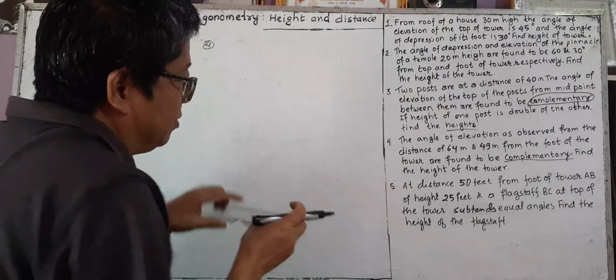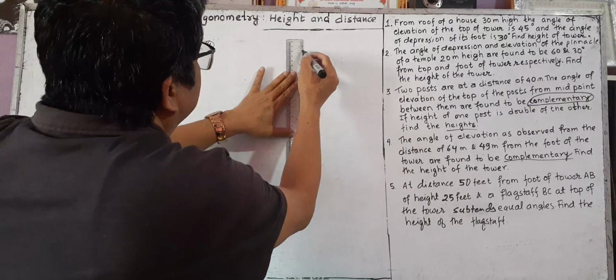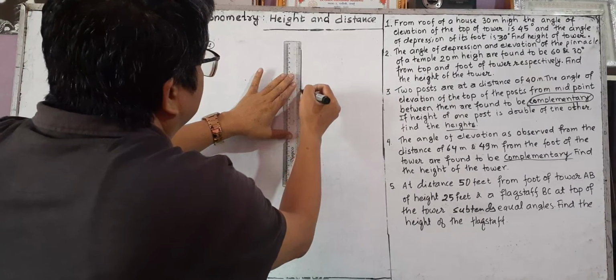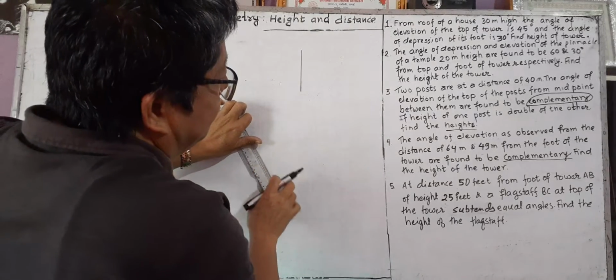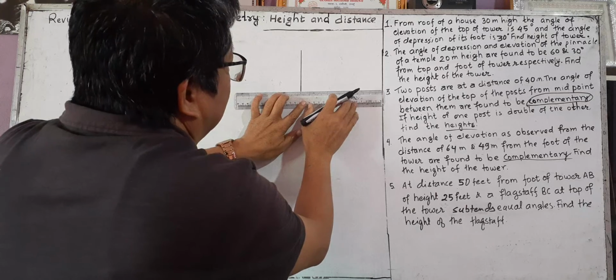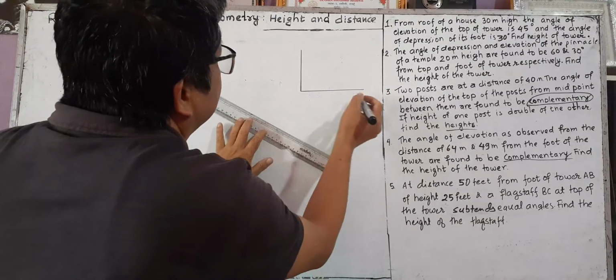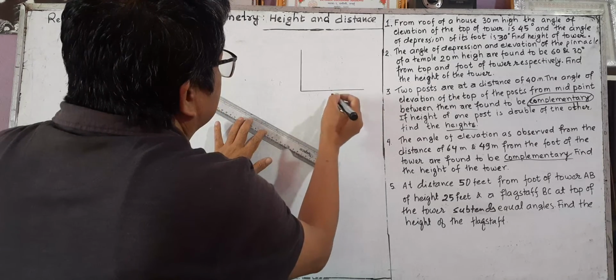So again, we draw a tower and there are two points on the ground at distances of 64 meters and 49 meters.